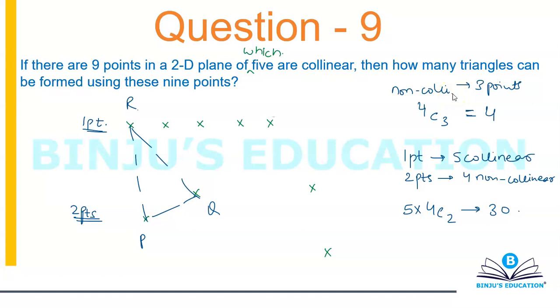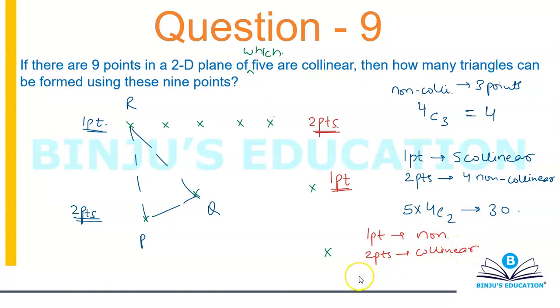I can also do it one way, that I can take, let me change the color so that you can understand this. I can take one point from these 4 non-collinear points and 2 points from these 5 collinear points. So what I can do is, one point is from non-collinear and 2 points is from collinear.